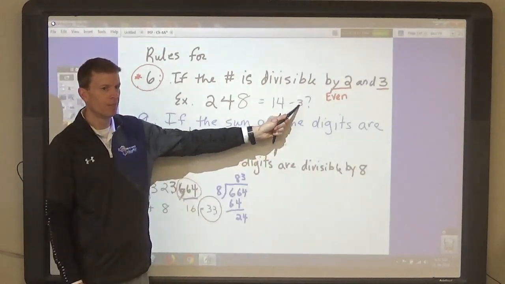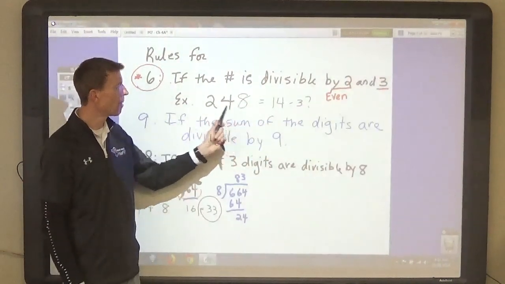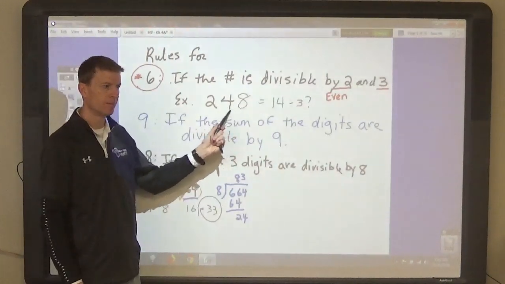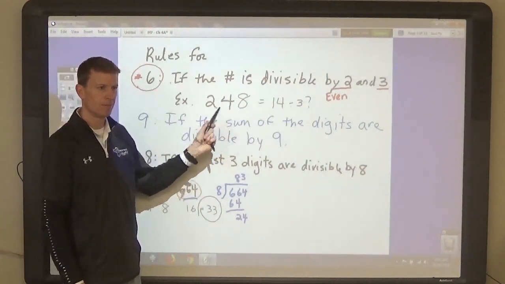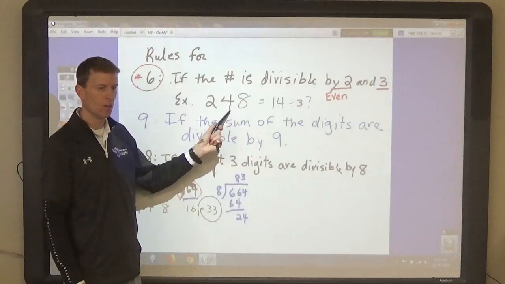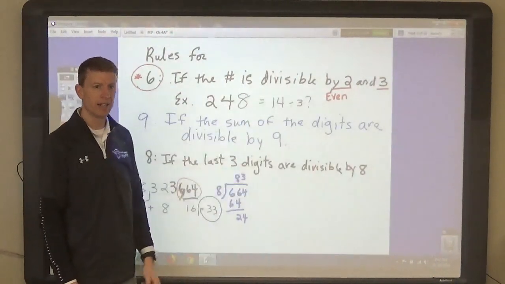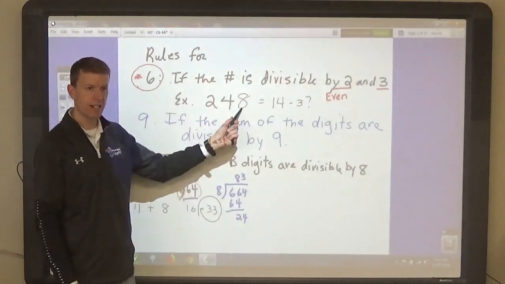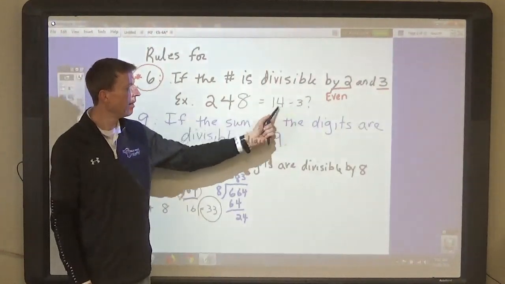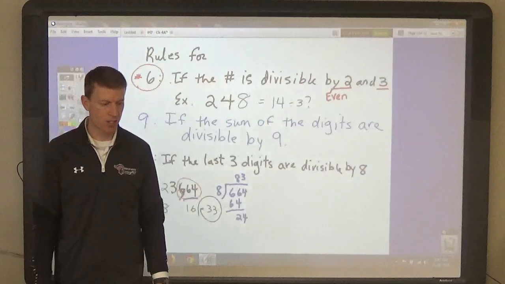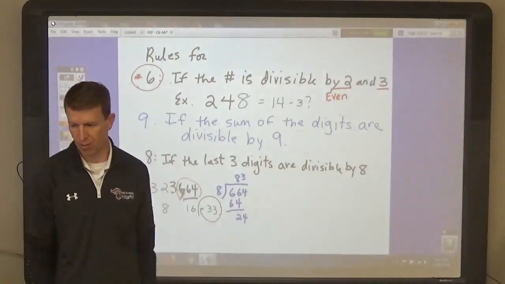No. So, is this number divisible by 6? No. Why? It is divisible by 2 because it ends in an even number, but it's not divisible by 3 because the sum of the digits is 14, and that's not a multiple of 3.